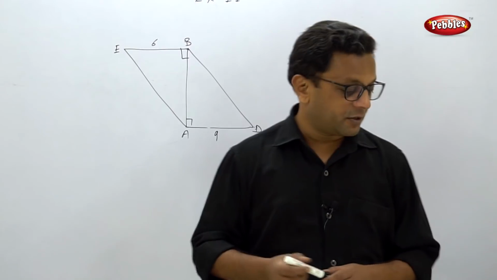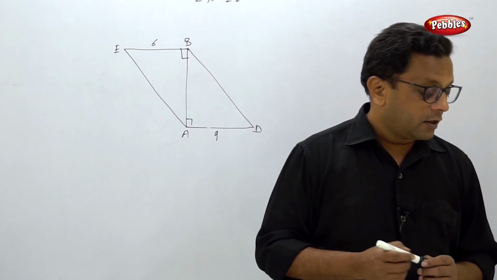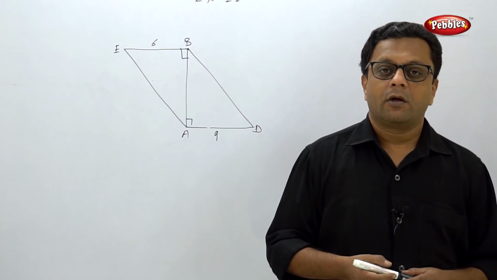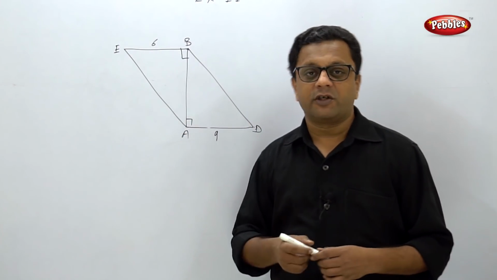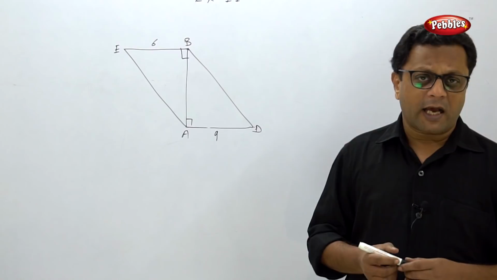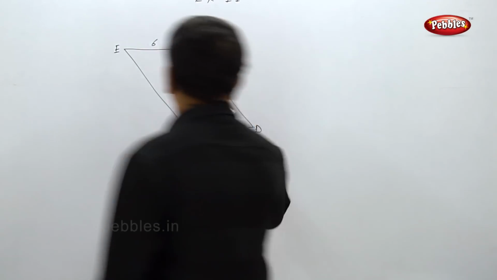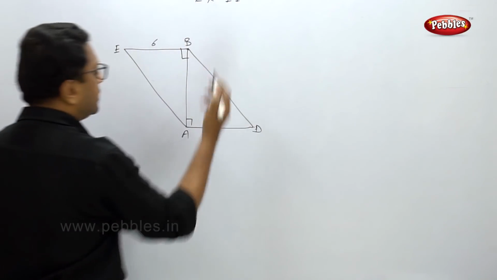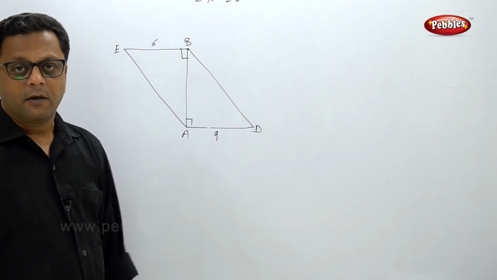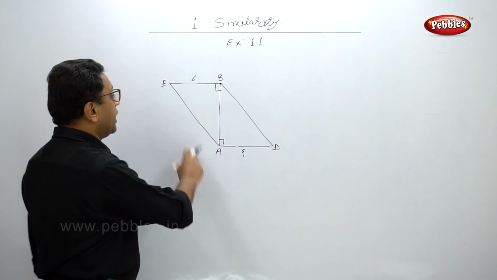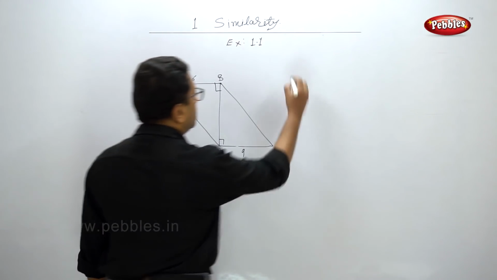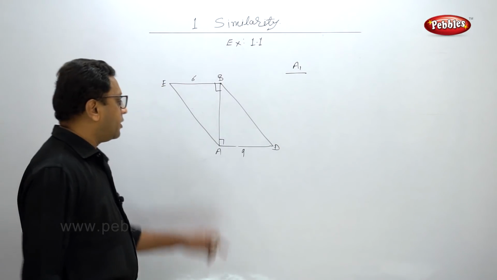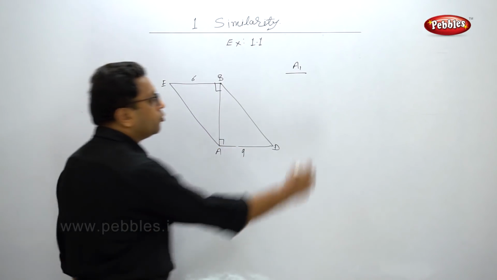Very simple example. It appeared for 1 mark in October 13, October 14, July 15. Generally it is a 1 mark question, very simple. Here I am going to solve this problem. Let the area of triangle ABE be A1 and let the area of triangle BAD be A2.